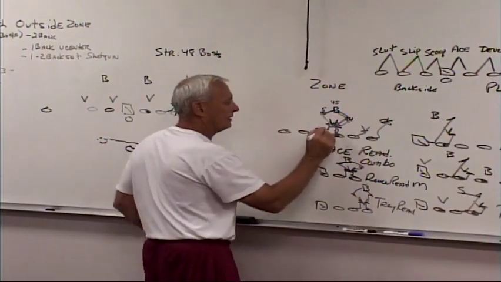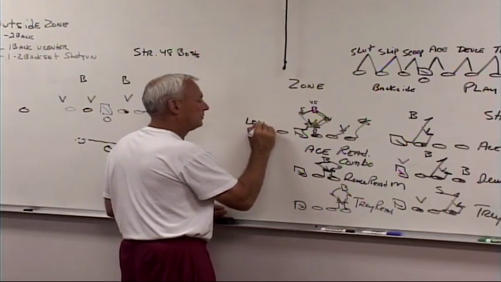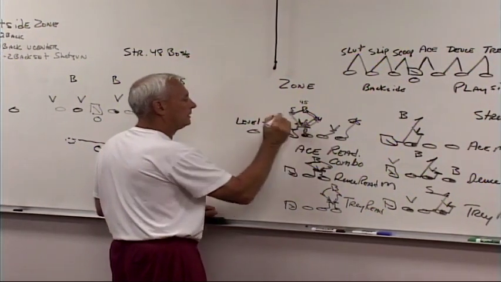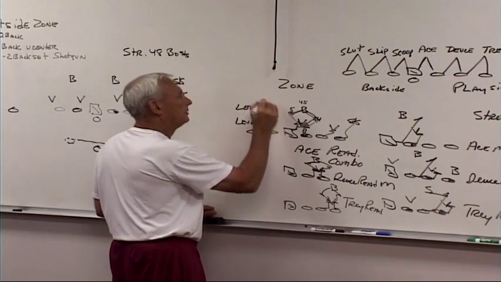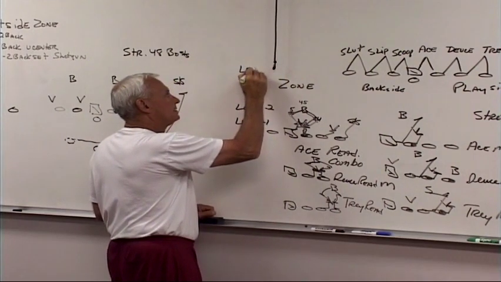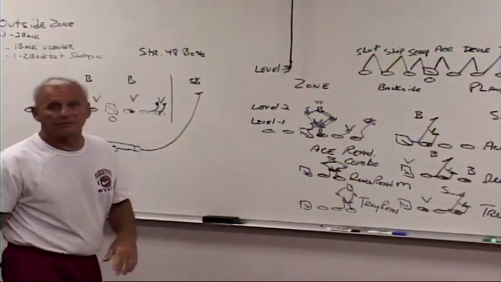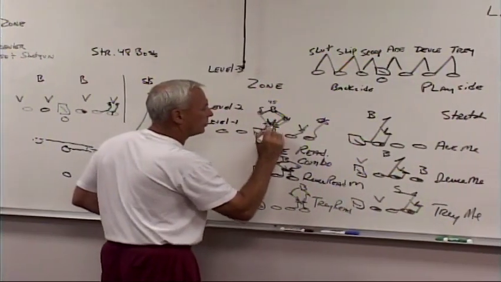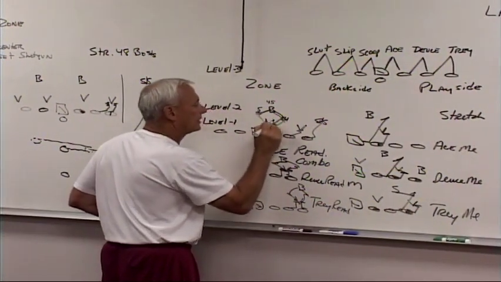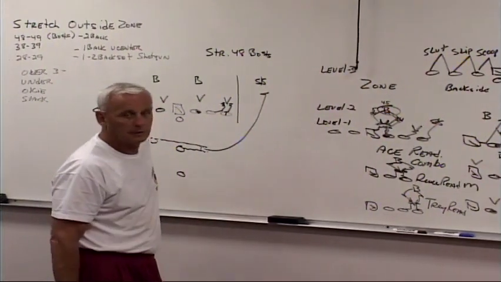When we talk about levels, these down guys, they're all on level 1. Linebackers are on level 2. Secondary is level 3. That's the different levels that we're going to block. In any kind of zone play, if we have to waste 2 on the down guy and don't even block the linebacker, let the linebacker go.